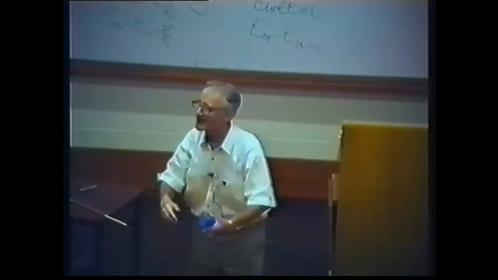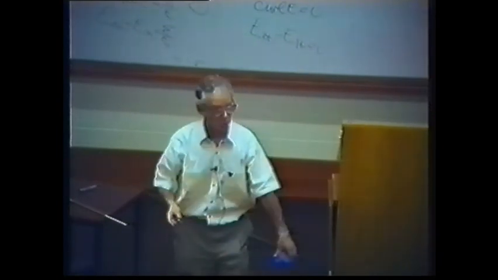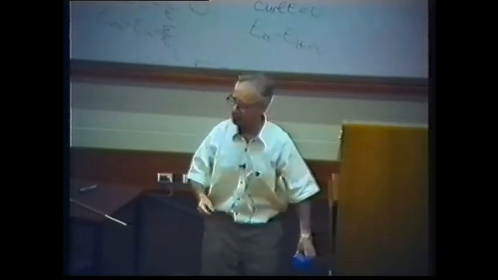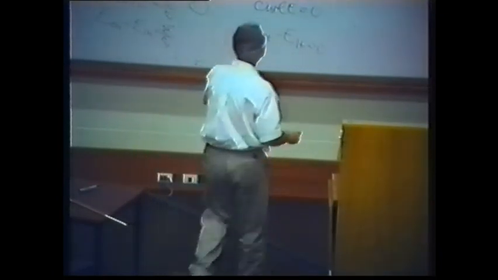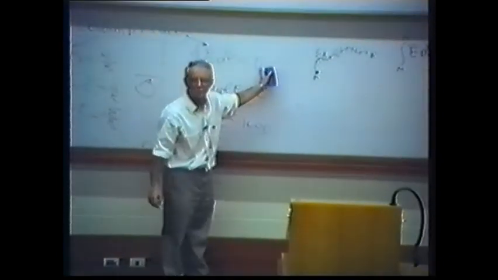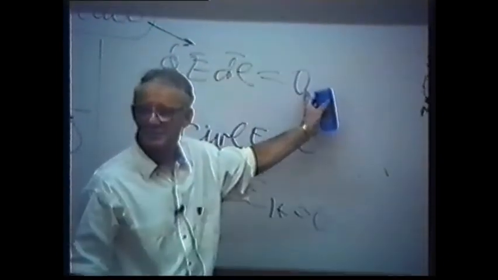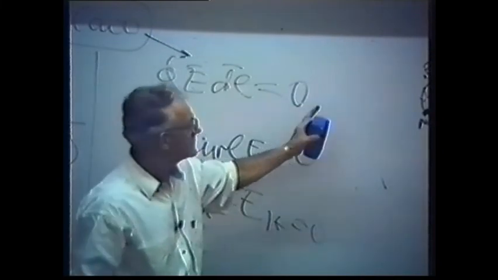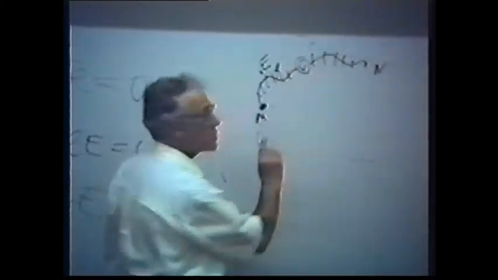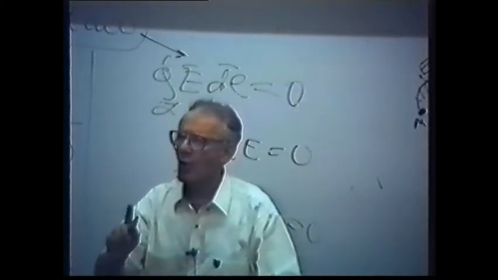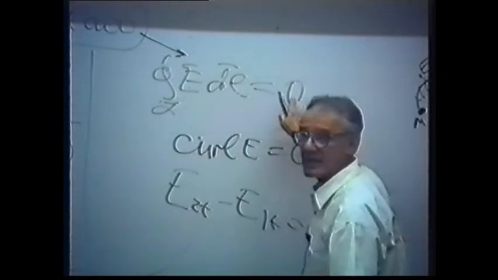Why does it happen? Is it always true? No. But what does this equation tell us? Who knows? Sorry? Over a loop. That's the integral over loops equals 0.